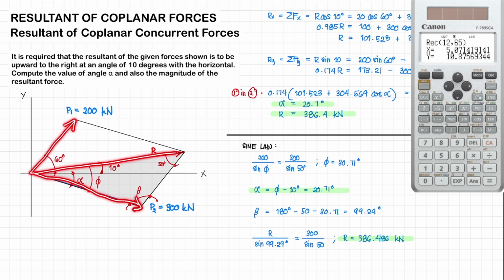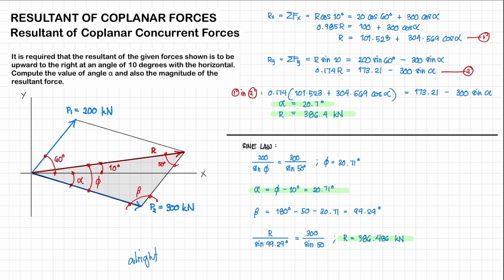Also given is not the magnitude of your resultant but rather its direction, so it is acting at a 10-degree angle with the horizontal. What we're asked here is to compute the magnitude of our resultant, but also angle alpha. This is going to be our angle alpha, the direction of force P2 with the horizontal line X.